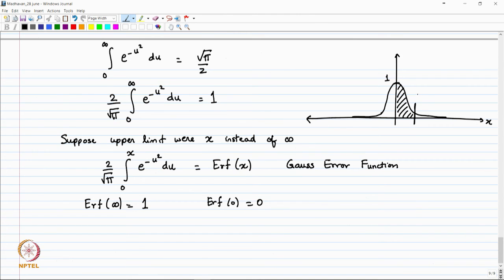Let me call this A. Instead of integrating from 0 to infinity, you integrate from 0 to A, and this area is the error function of A. So, the error function is the area under the function. It is also sometimes called the incomplete gamma function, because the gamma function has integral from 0 to infinity, while the error function has integral from 0 to A.